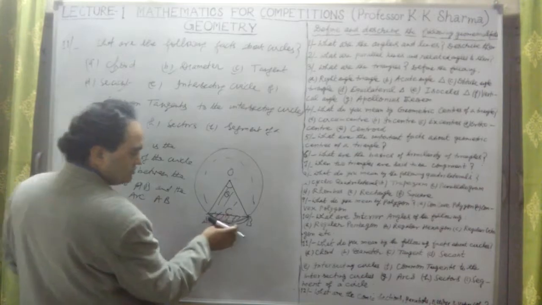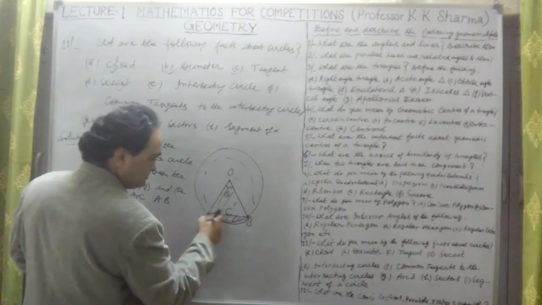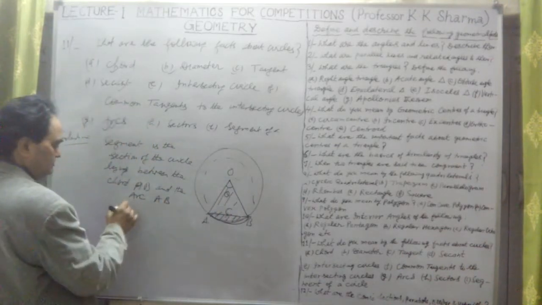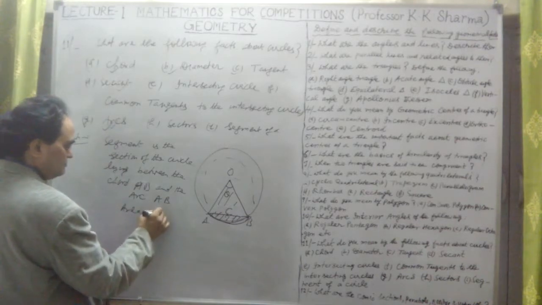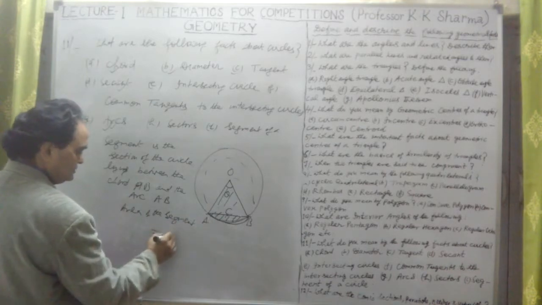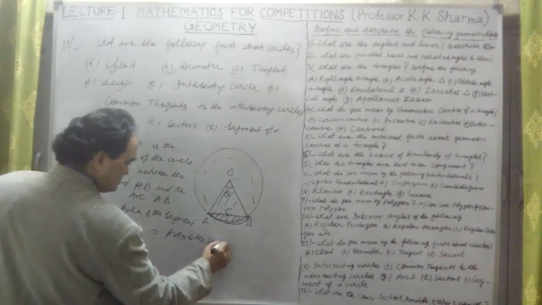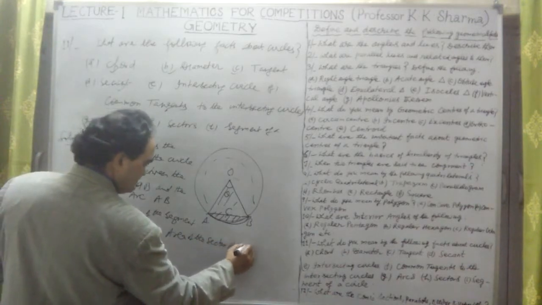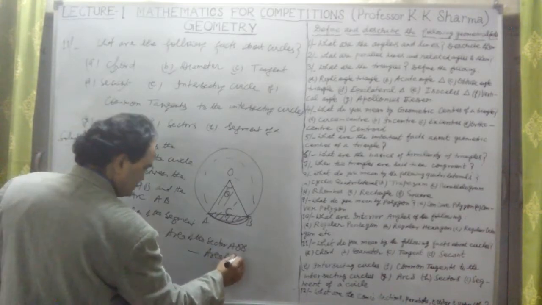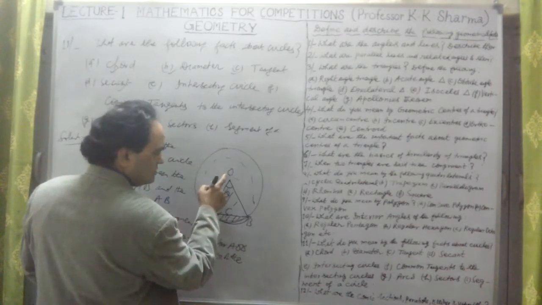And the area of this can be obtained by taking the area of the sector minus the area of the triangle OAB. You can find out the area of the segment. Area of the segment is equal to the area of the sector AOB minus the area of the triangle AOB.